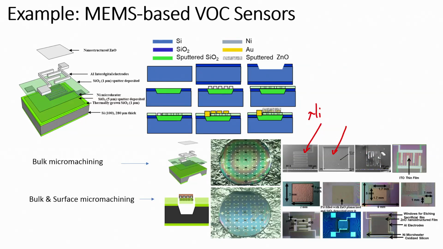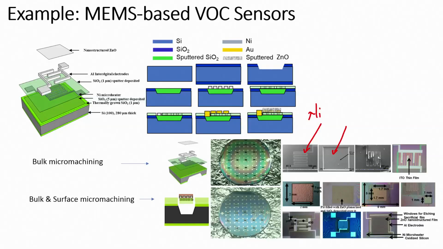So, the maximum temperature achieving capability of a heater is what we wanted to measure. Next part is your interdigitated electrodes, or what we call IDEs.